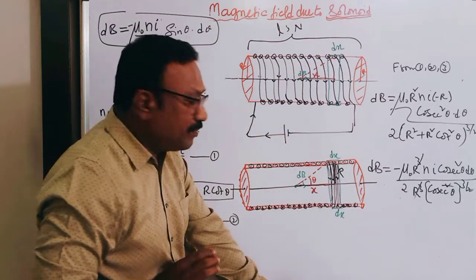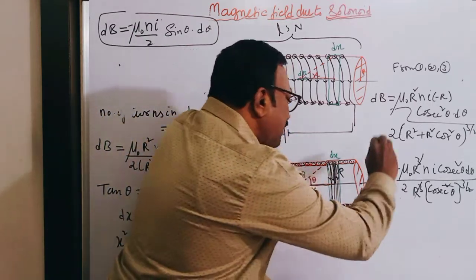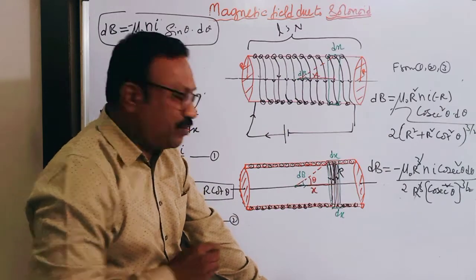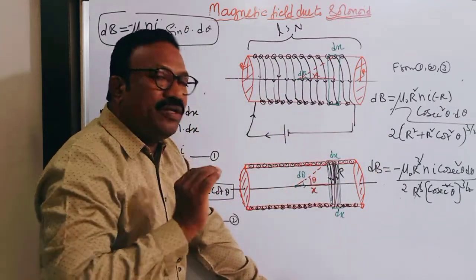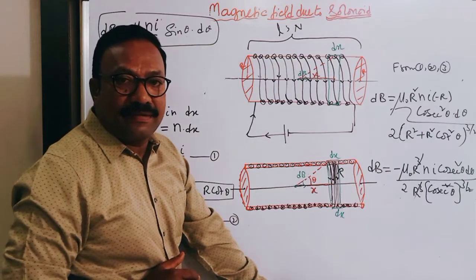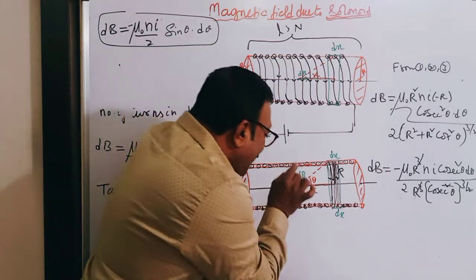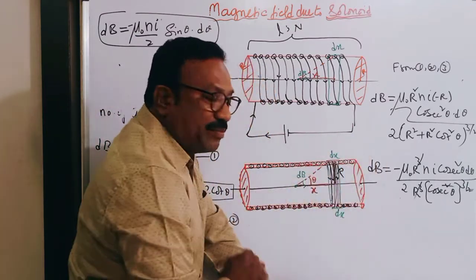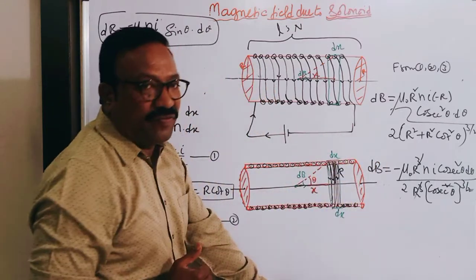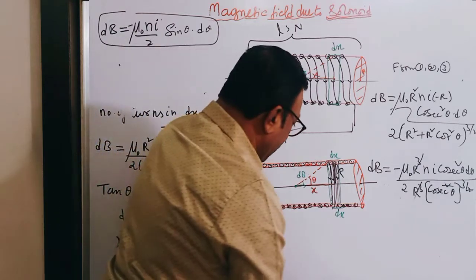So I have to include all these elemental rings, from here to here. At this point, the magnetic field due to all the elemental rings, starting from here to here, I have to take.